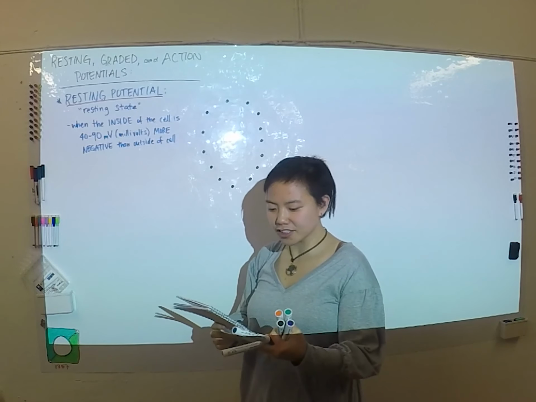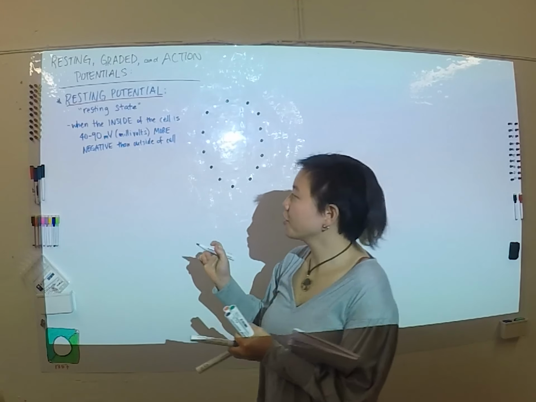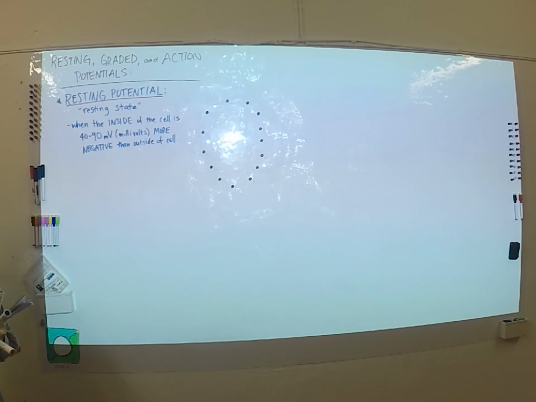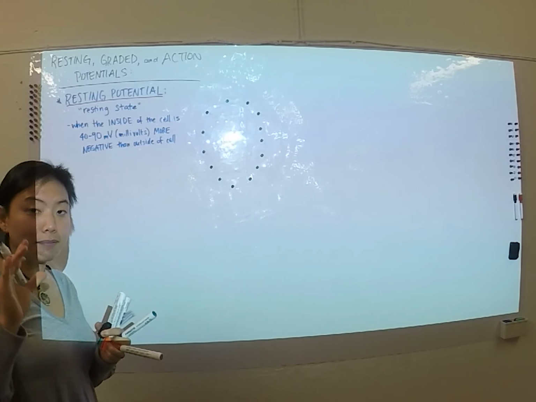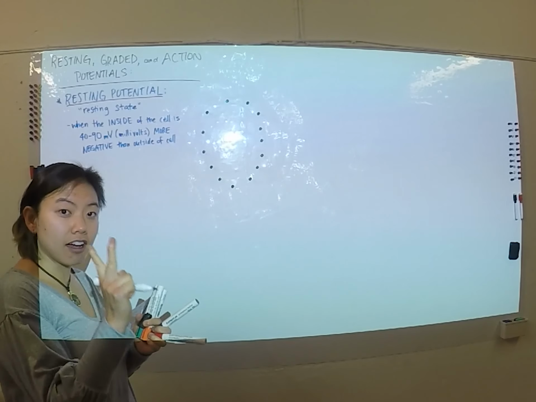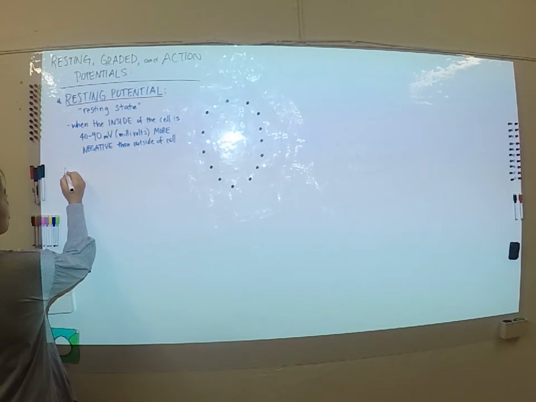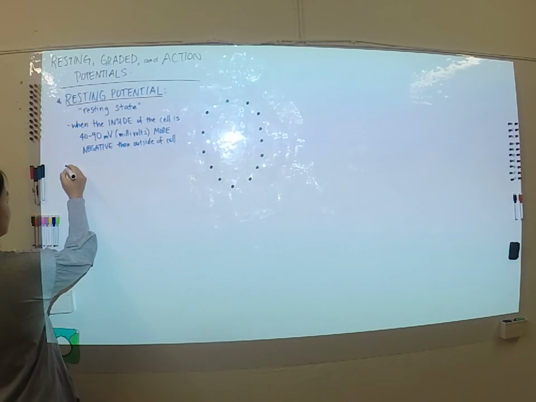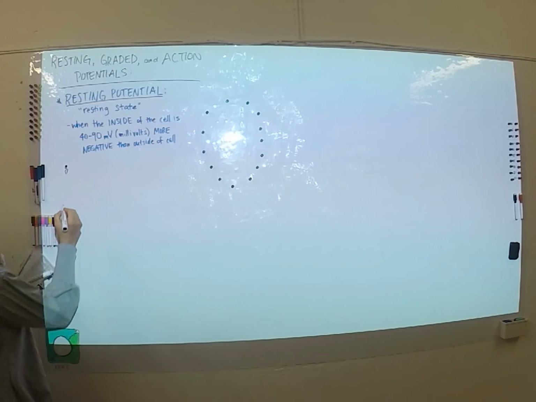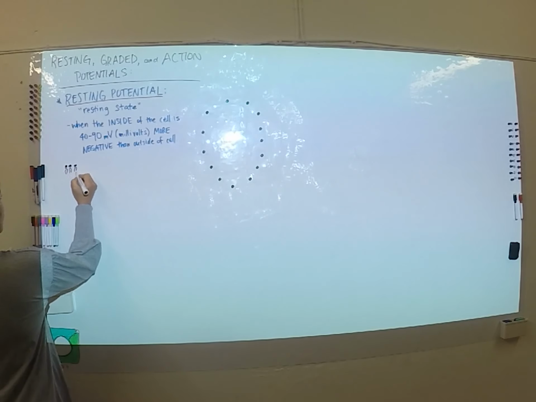So at this point, let's go ahead and draw our cell membrane. Okay? So remember, what is our cell membrane made out of? It's the 2 layers of phospholipids. Okay? So remember, there are these heads with the tails. They go like this, okay?